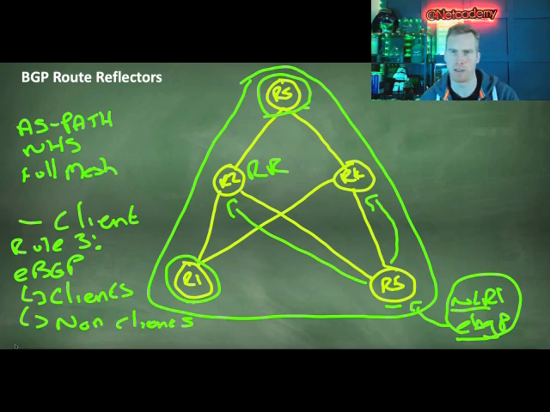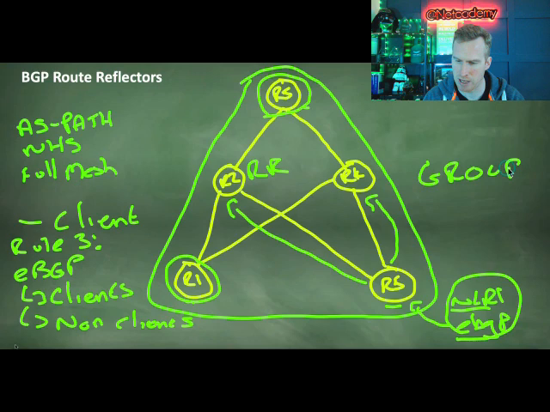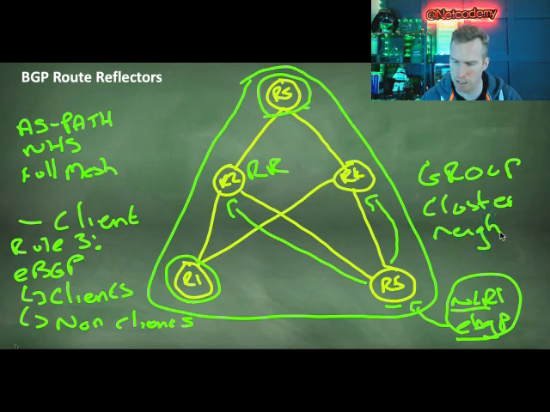So just in summary, rule 1, when a client within that group where you have that cluster defined, and I'll come on to what cluster is in just a few minutes, but all neighbors within that group, I'm just going to do neighbor here for short, so say this is group A, all neighbors will become clients within that group.